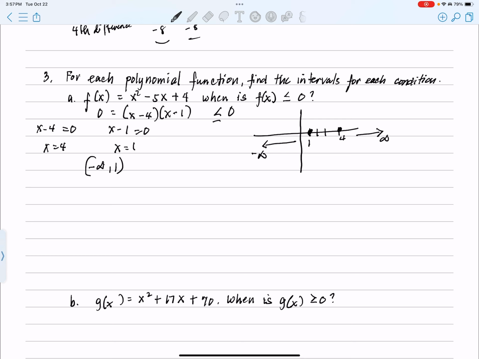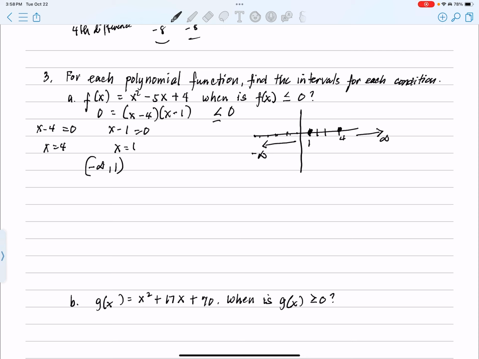Say, for example, I will choose negative 2.